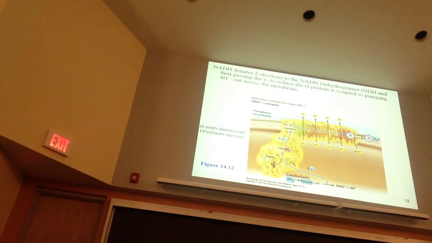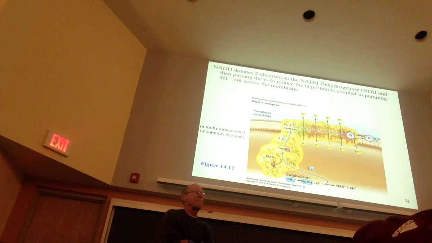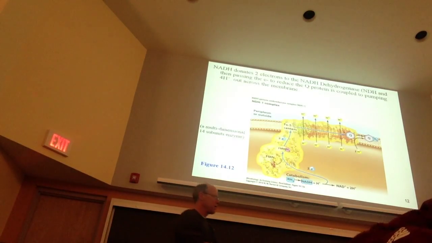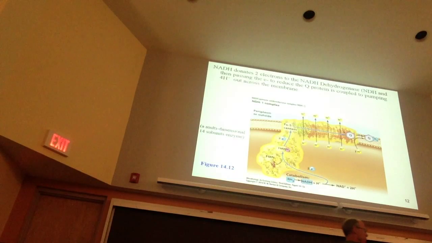It has at least 14 subunits. The NADH dehydrogenase enzyme that we have in our mitochondria has like 56 subunits. It's all the more massive and complex, but it serves the same function: NADH donates 2 electrons.